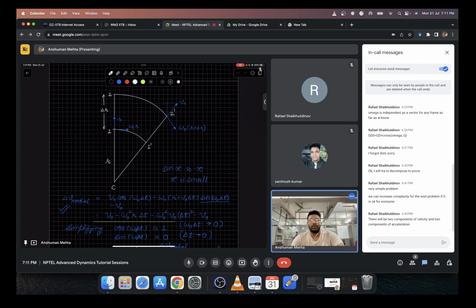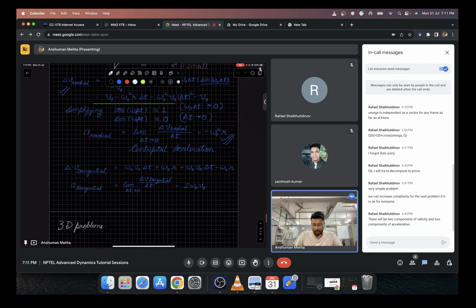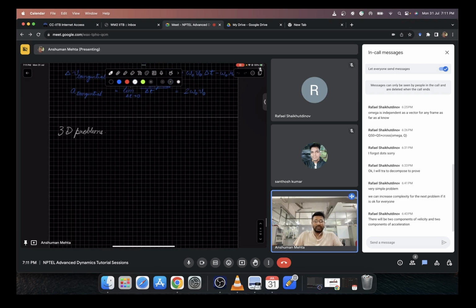Eventually my aim is to let you understand whatever is happening. From next class I will delve more into 3D problems. I will make them interesting using some of my aerospace applications.